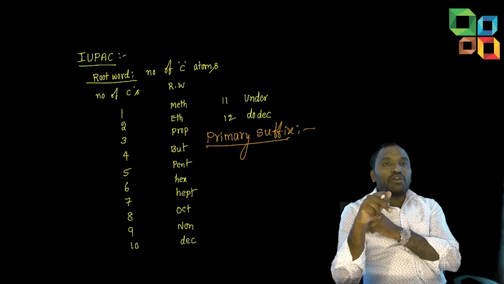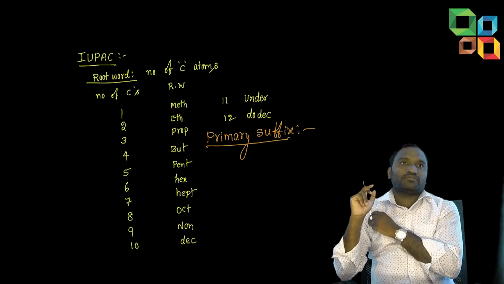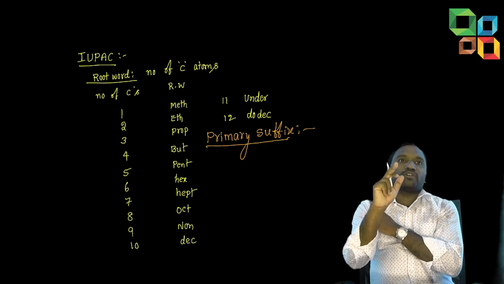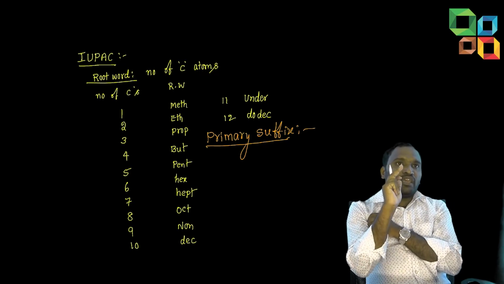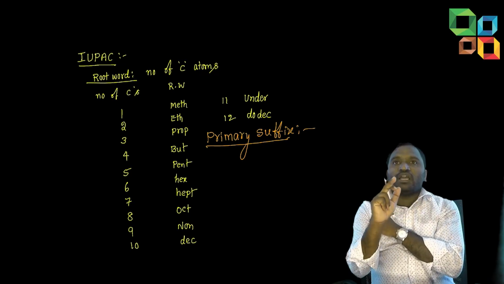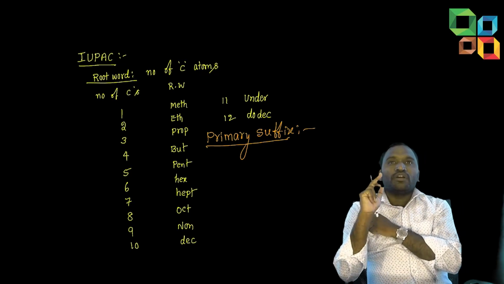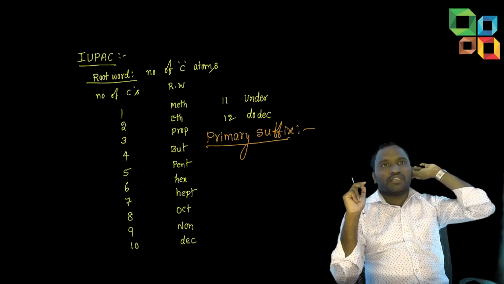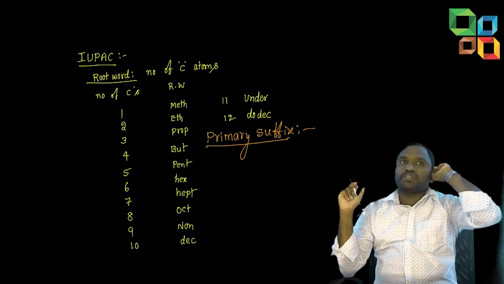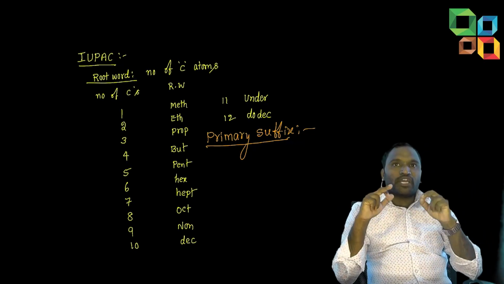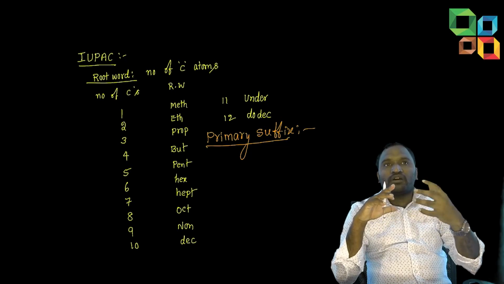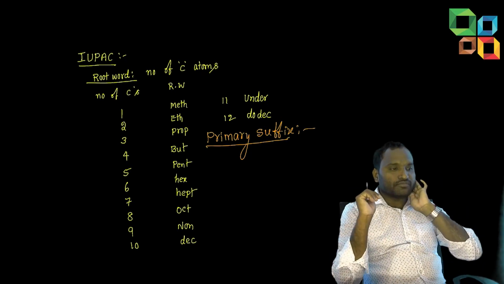By using primary suffix. If all carbon atoms are connected with single bonds, primary suffix is ane. If at least one double bond is present, ene. If at least one triple bond is present, yne. So this primary suffix indicates double, triple, or single bonds.